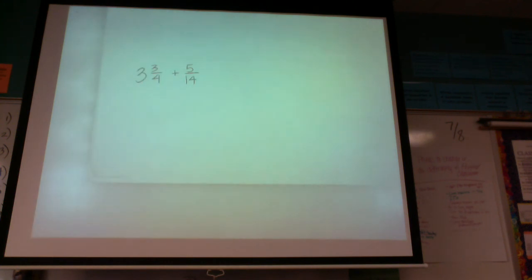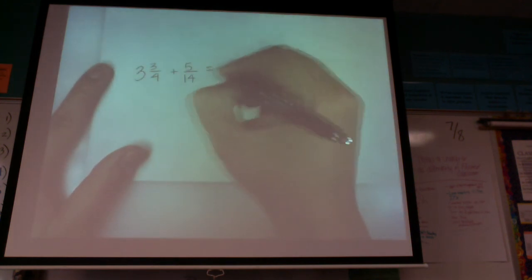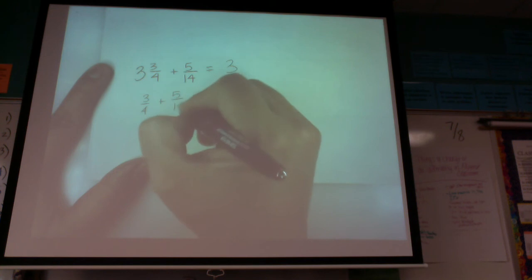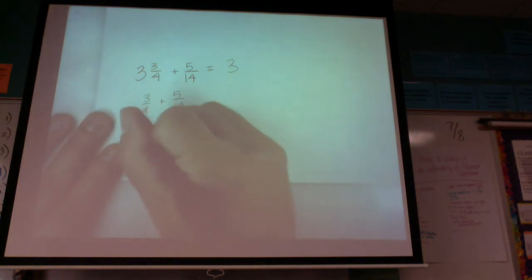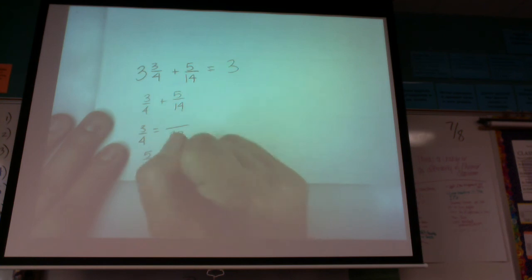Last one, 3 3/4 plus 5/14. If we want to do this one like we did the last one, we'll keep that whole number to the side here. So I have 3/4 plus 5/14. Common denominator there is going to be 28. Fourteen times 2 is 28, so that's going to make that 10 times 7.